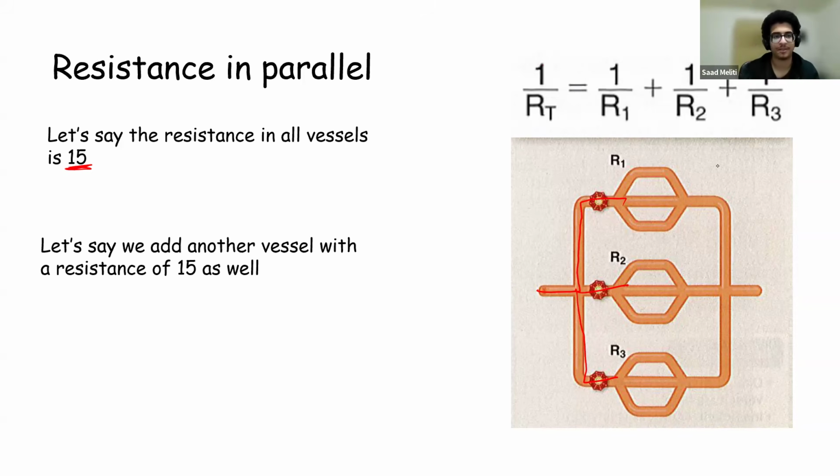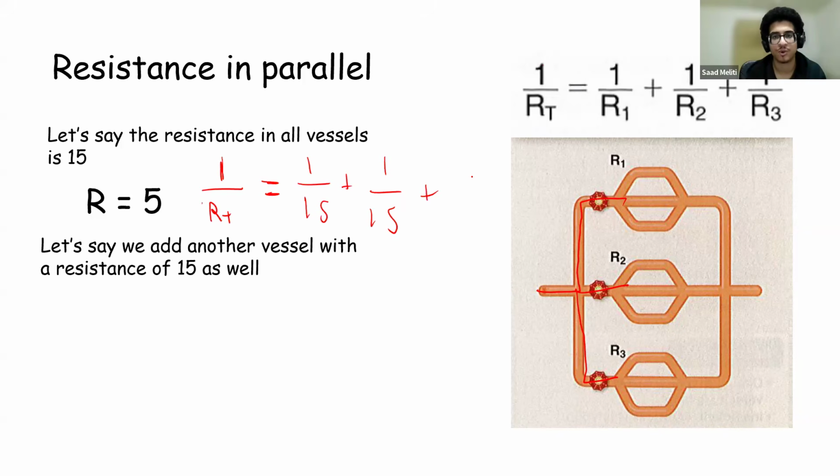Can someone calculate the total resistance for me? Five. Exactly. The resistance is 5. It's a very simple calculation. And we just get 1 over R total is equal to 1 over 15 plus 1 over 15 plus 1 over 15. And as a result of this, by adding them all together, we get 3 over 15.